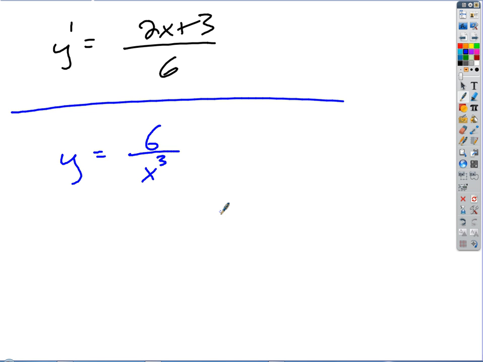Does it seem like you should need it? Remember what we said: the quotient rule is for a quotient of functions. Is that a quotient of functions? No. So I shouldn't need the quotient rule. It's only when I've got x's, or whatever my variable is, on the top and the bottom.